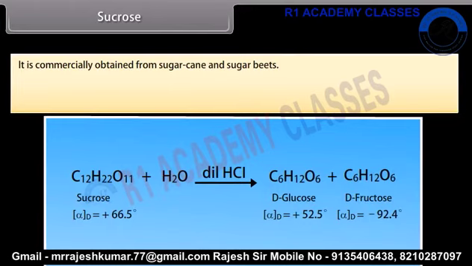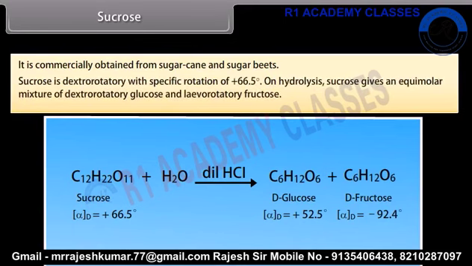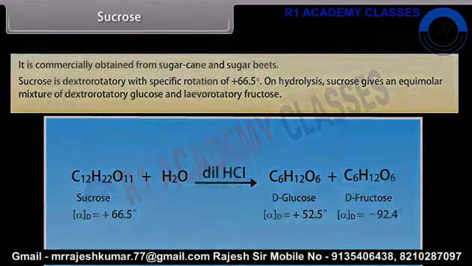When sucrose is hydrolyzed by dilute acids or the enzyme invertase, it gives an equimolar mixture of D-glucose and D-fructose. Sucrose is dextrorotatory with specific rotation of plus 66.5 degrees. On hydrolysis, sucrose gives an equimolar mixture of dextrorotatory glucose and levorotatory fructose.